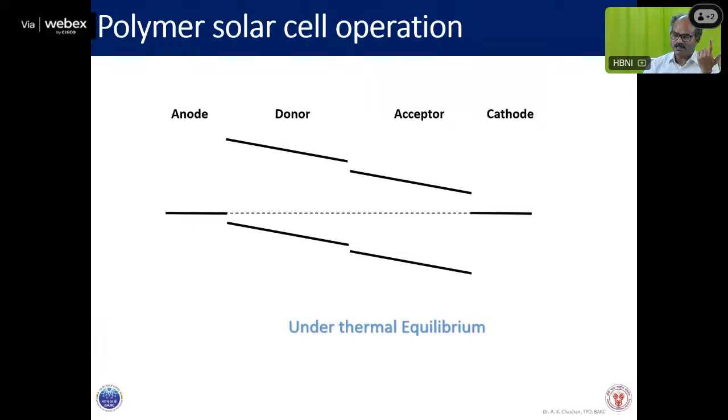There we use the same connection. Here we will use different anode and cathode metals. It depends on the work function and the energy levels of these donors and acceptors.